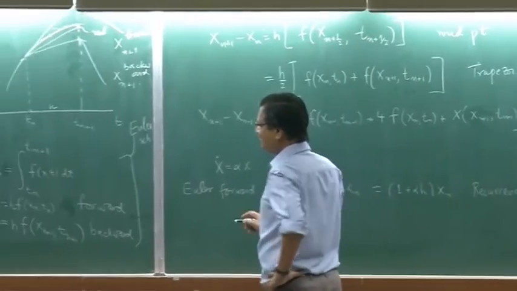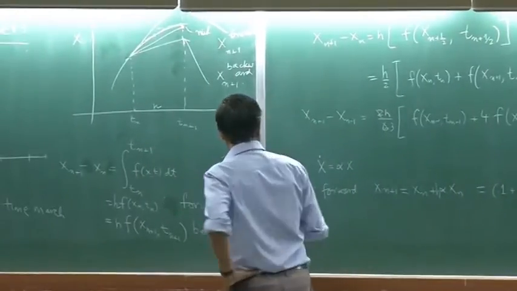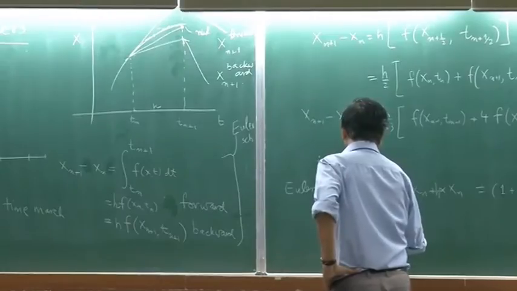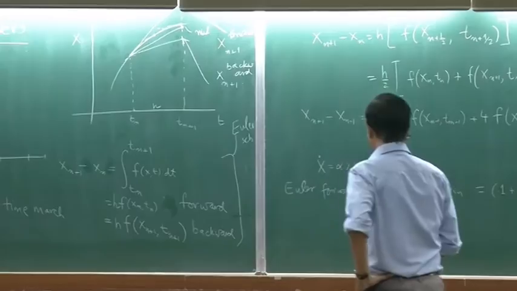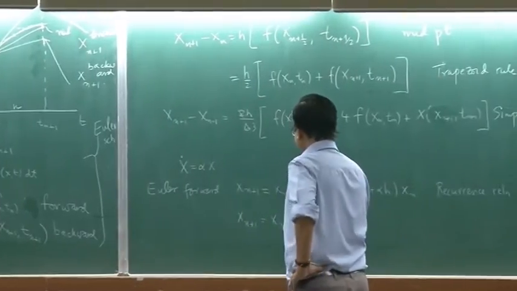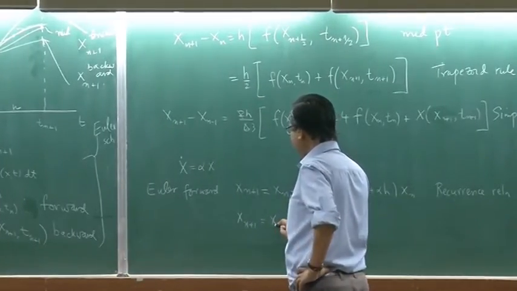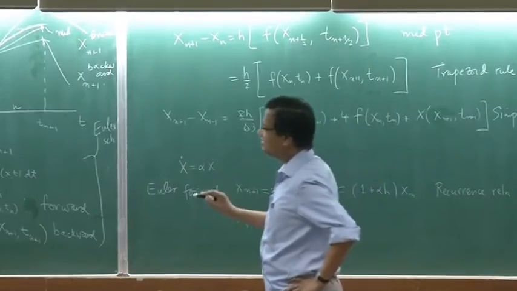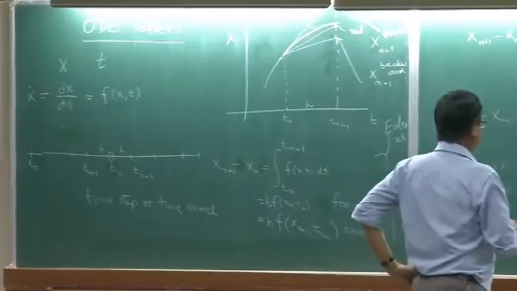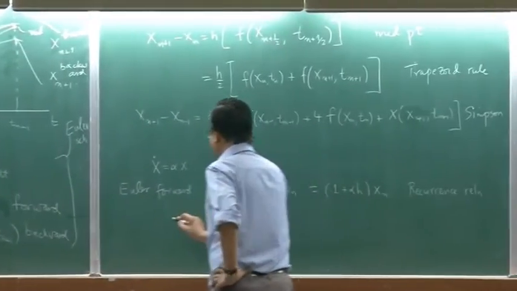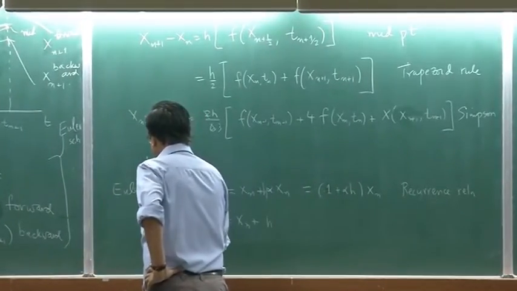So I am going to do it by Taylor series, x_{n+1} equal to x_n plus h times, so I am expanding from this point. So my formula, please remember, I am trying to solve x dot equal to f(x, t).